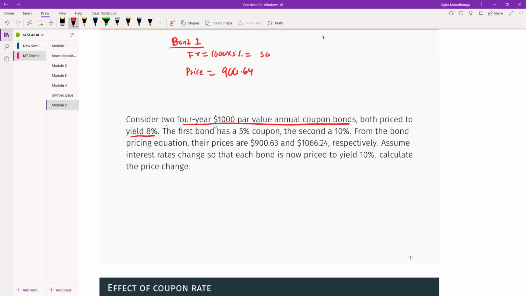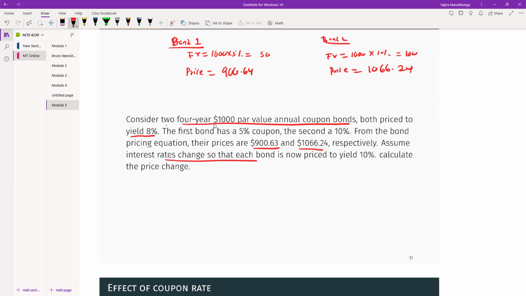Then the other one, bond 2, the coupon rate is 10%, and the price is actually given, 1066.24.